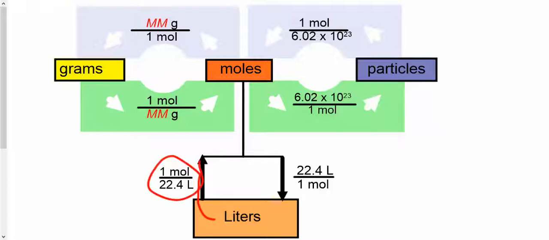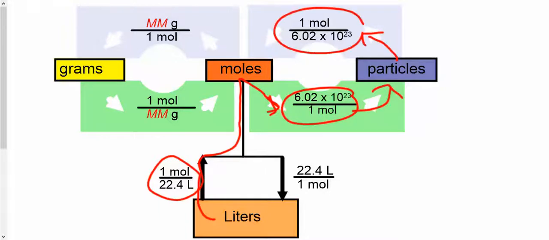If I want to go from particles to moles, use this conversion factor to get to moles, and then from moles to liters, use this conversion factor. So this is kind of a mole map. Notice that moles are in the middle. If you're not given moles, you always need to go to moles first to get where you're going.